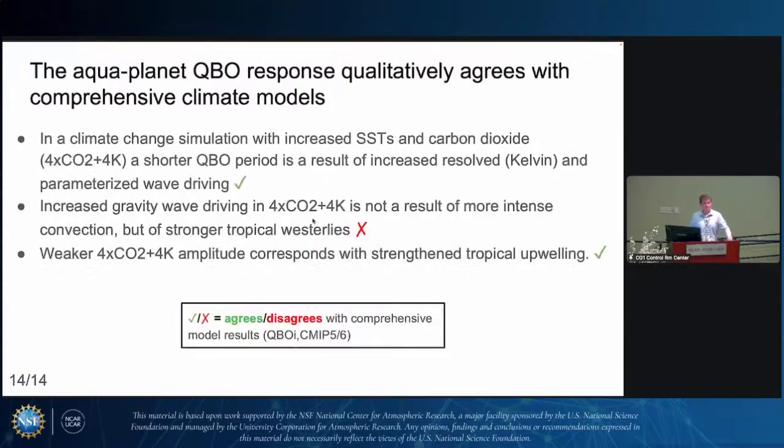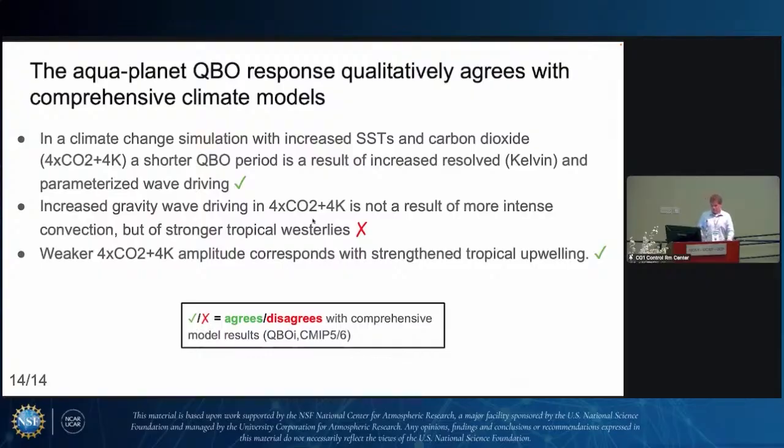So just to summarize the points I've made so far, we see that the aquaplanet QBO response qualitatively agrees with comprehensive climate models such as in CMIP5 or 6 or in the QBO initiative experiments. Namely, when we increase SSTs and carbon dioxide in 4CO2 4K, we get a shorter QBO period. And this is a result of increased wave momentum flux.